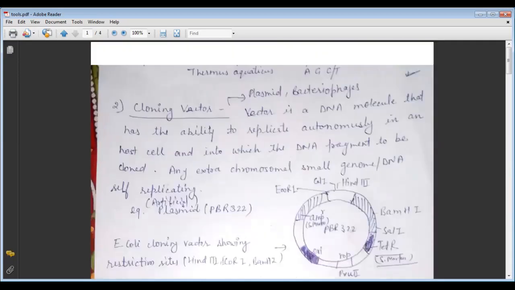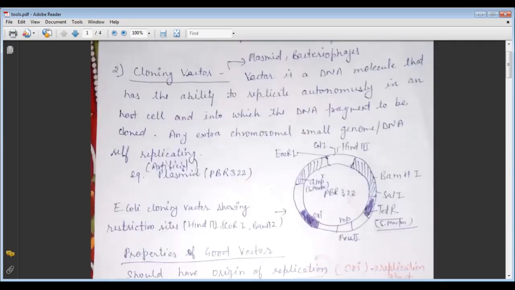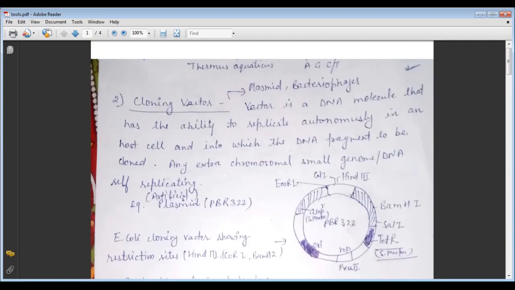I repeat again these tools. Tools are very important, and we can describe them with the help of a diagram or some methods.